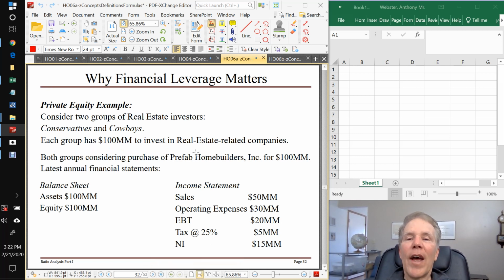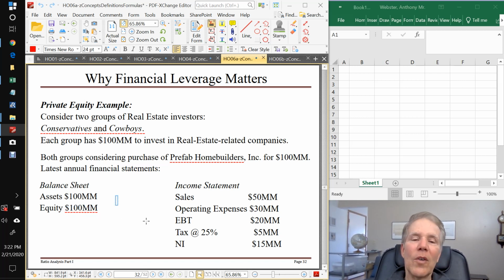And we looked at two examples for this. We looked at the conservatives versus the cowboys, and each group had 100 million dropped on their heads to invest, and they each went about buying this company, Prefab Home Builders. For the conservatives, the firm was for sale for 100 million: equity 100 million, no debt.